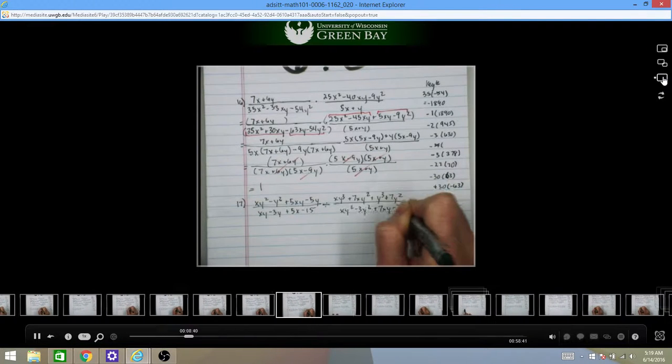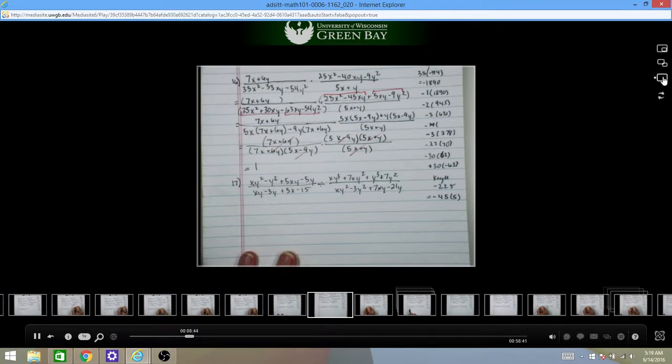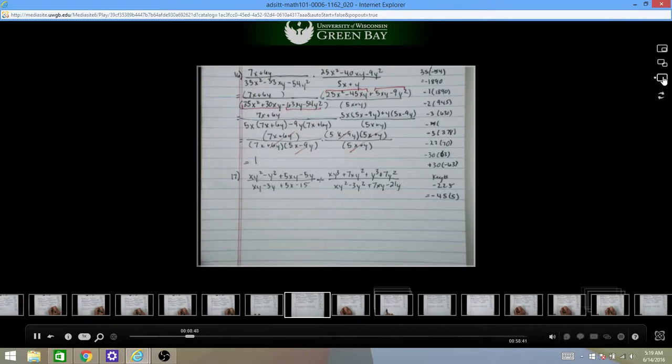So we'll go ahead and invert and multiply that second fraction. So dividing means flip over that second fraction and change to multiplying. And then after we do that, we'll factor and cancel.